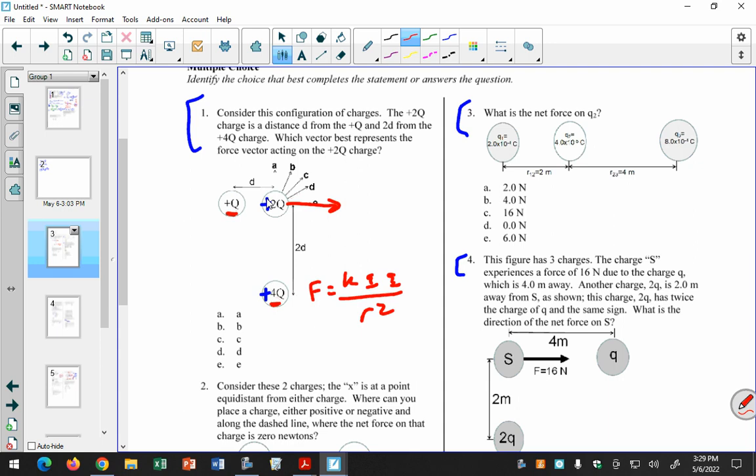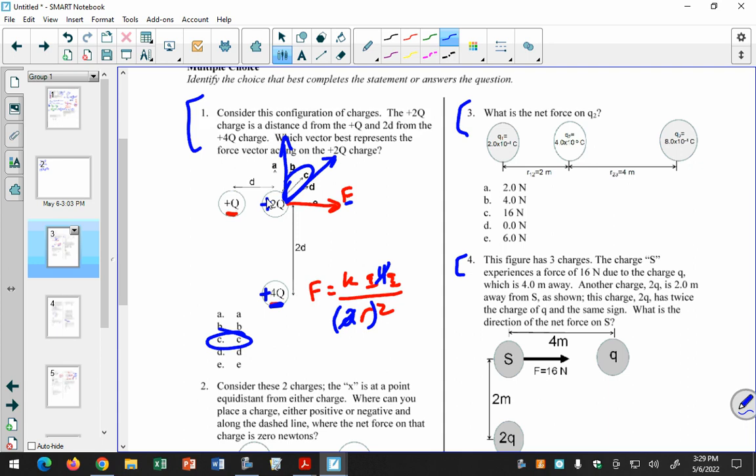Compared to this force, this charge is 4 times as big and the distance is twice as big. But since the distance is squared, these two cancel out with one another because I have a 4 in the numerator and a 4 in the denominator. So the force due to this charge is going to be up and in this direction and the same magnitude as this force. So the one that is in between, that is C, would be the right answer.